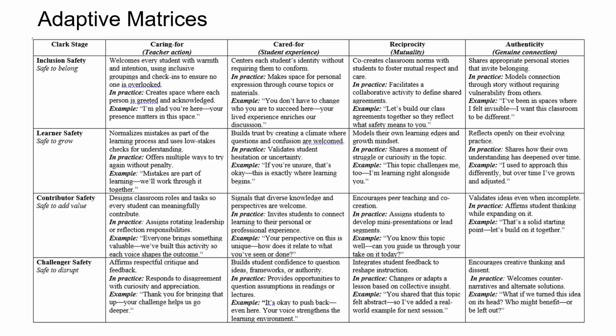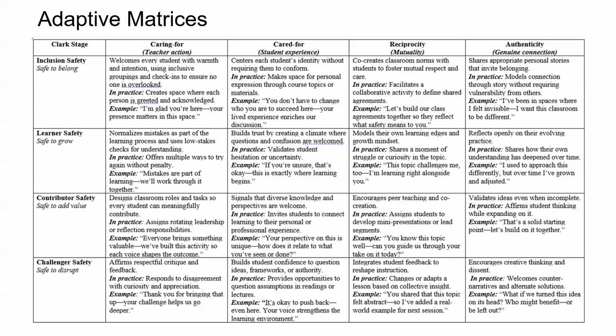Other behaviors, let's look at challenger safety, which in some traditional classrooms is hard for some professors to be challenged by students. So let's look at challenger safety and authenticity. So the adaptive or positive behavior would be encouraging creative thinking and dissent.